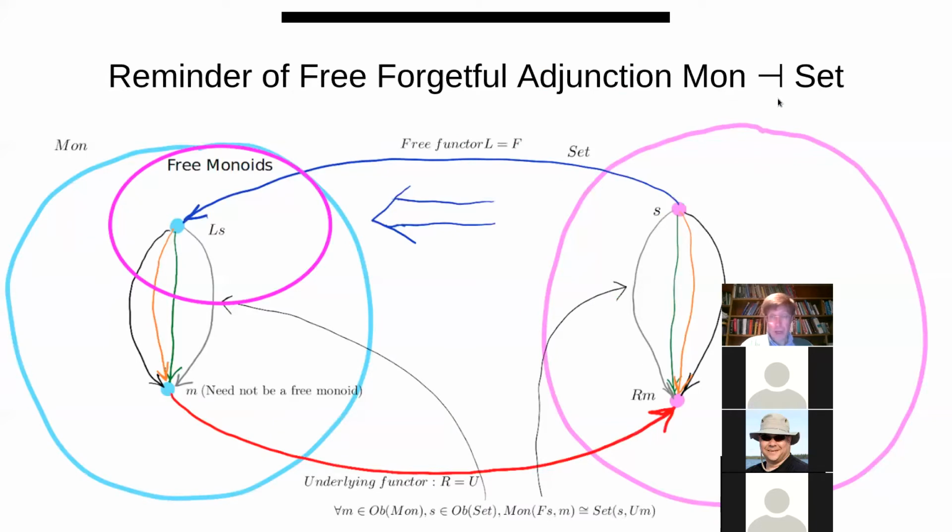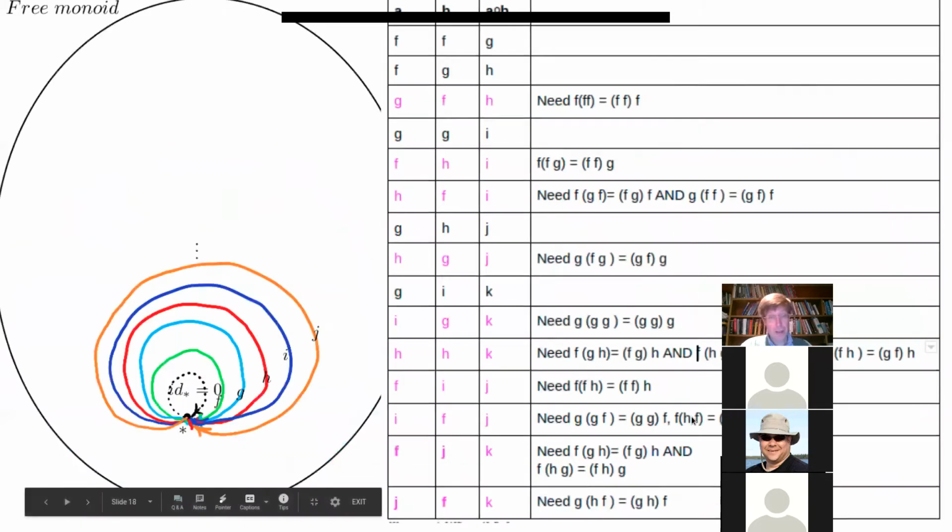And we write the adjunction like this. Monoid is left adjoint to Set. This is called the left adjoint functor, and this is the right adjoint functor.